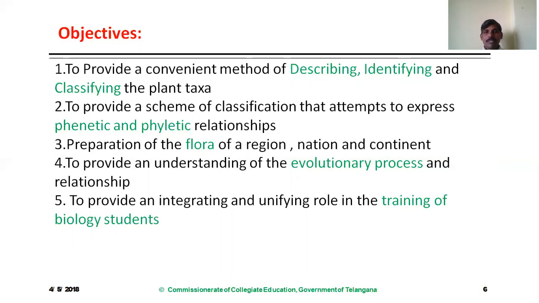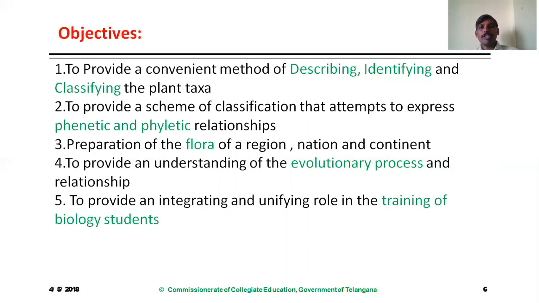Another taxonomist collected data and, based on the data, explained the evolutionary relationship between two groups. Such a relationship is called a phyletic relationship. So taxonomists classify in their own criteria, in different ways.